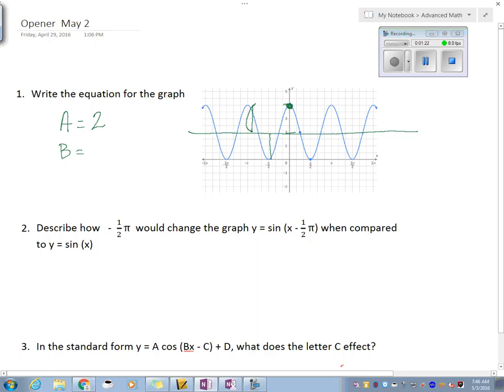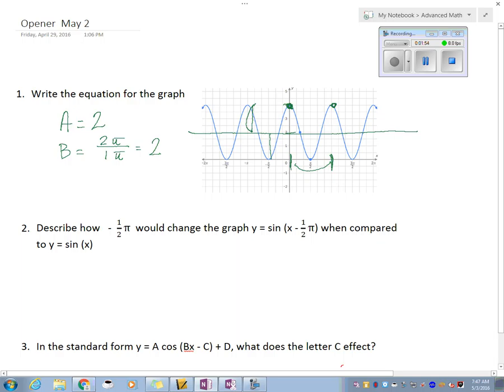So this is cosine, and the period is pi, because that's how long it takes to get through one cycle, okay? So the normal period is 2 pi, and the period for this one is 1 pi, and so B must be 2 if I reduce that relationship. So you find B by reducing that relationship.